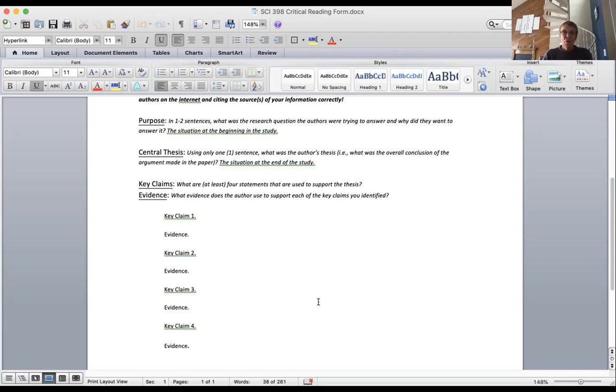Okay, so you're going from a claim, what the overall claim is that might be more in the discussion, to the actual specific evidence. What is there in the paper that proves the claim?